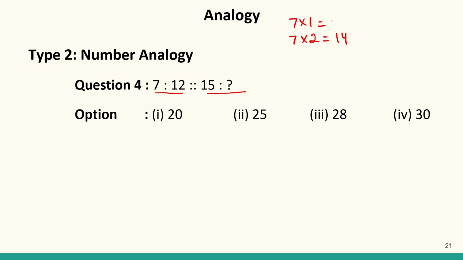And if I multiply it by 1, I'll get 7. So this number lies somewhere between these two. So let us use the method in which we apply two operations. Because this falls somewhere between these two numbers, let us first apply multiplication.